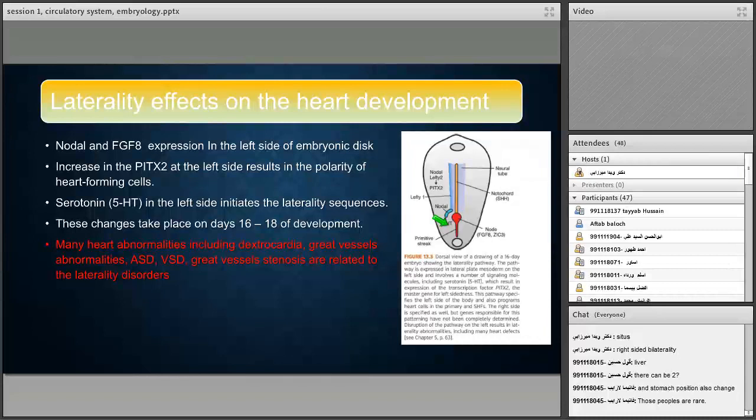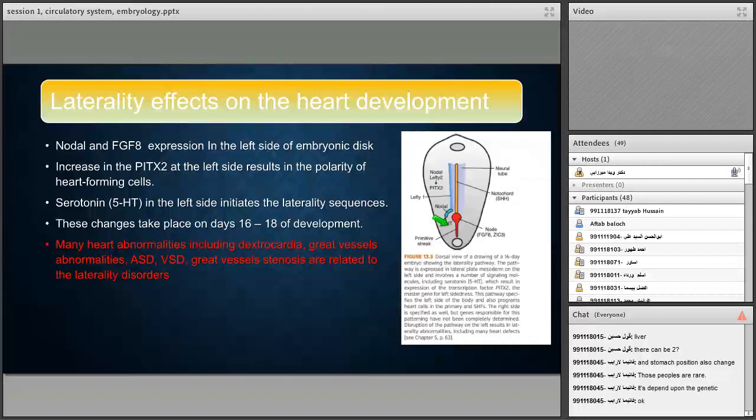So, the bilaterality defect is genetic, because of the genes nodal, serotonin, LEFTY2, and these genes. So if it is right-sided bilaterality, they will have hypoplastic spleen or asplenia.